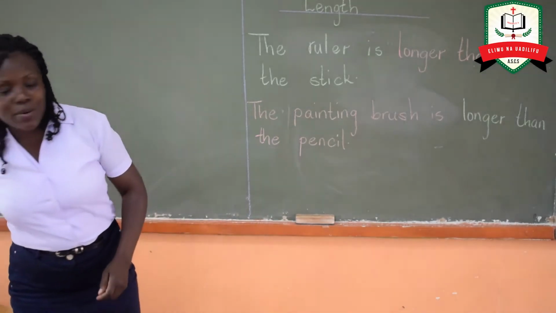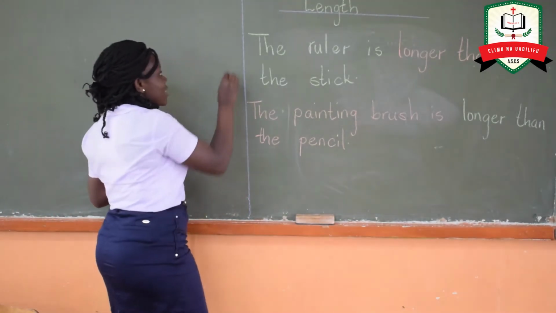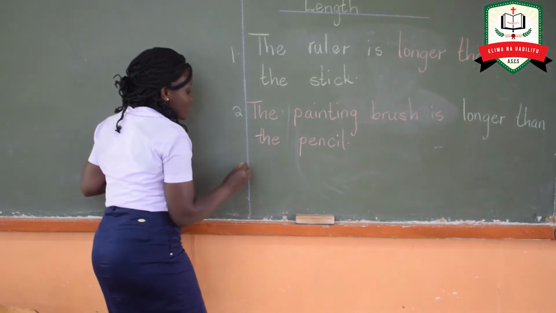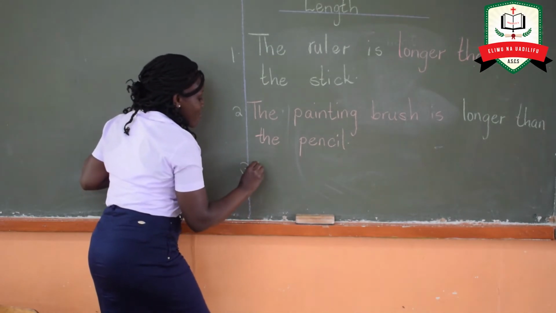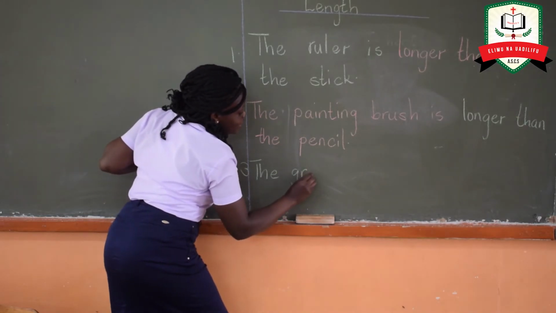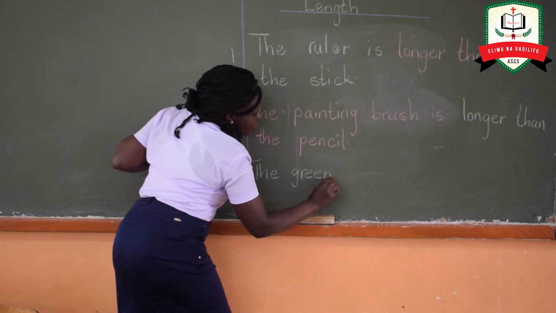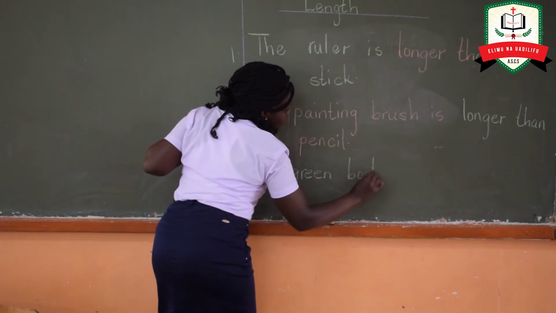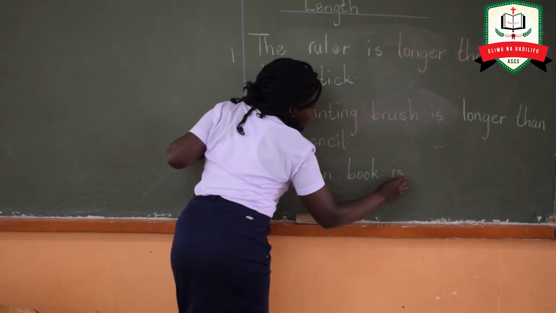So we come and write our sentence. This was number 1, this is number 2, and for number 3 we are saying the green book is longer than the white book.